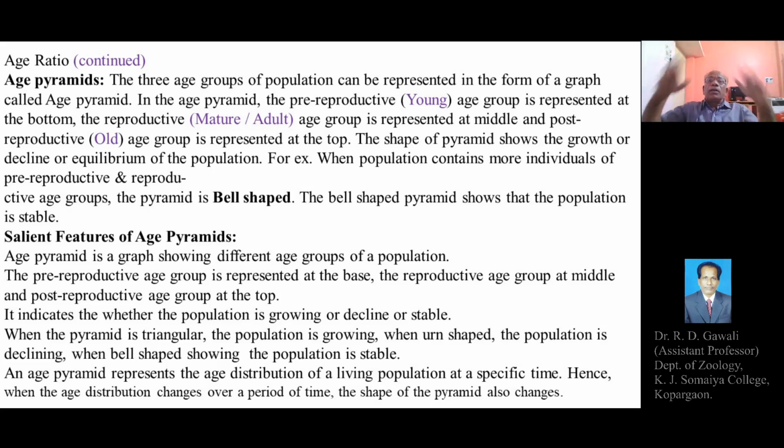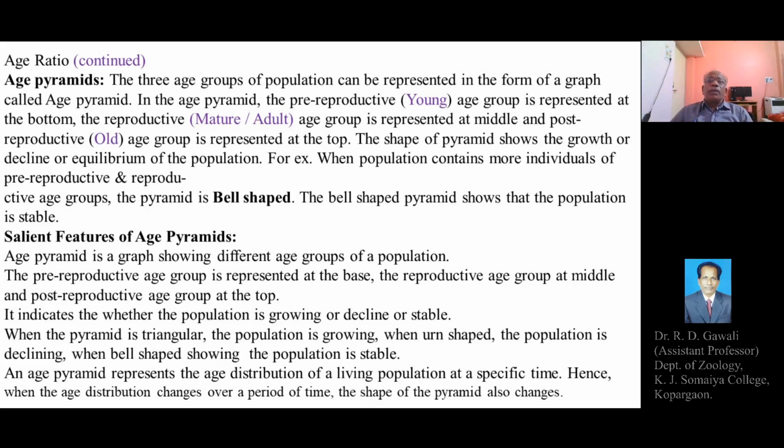This forms a pyramid-like structure, and this type of graph representing three age groups of the population is called an age pyramid.